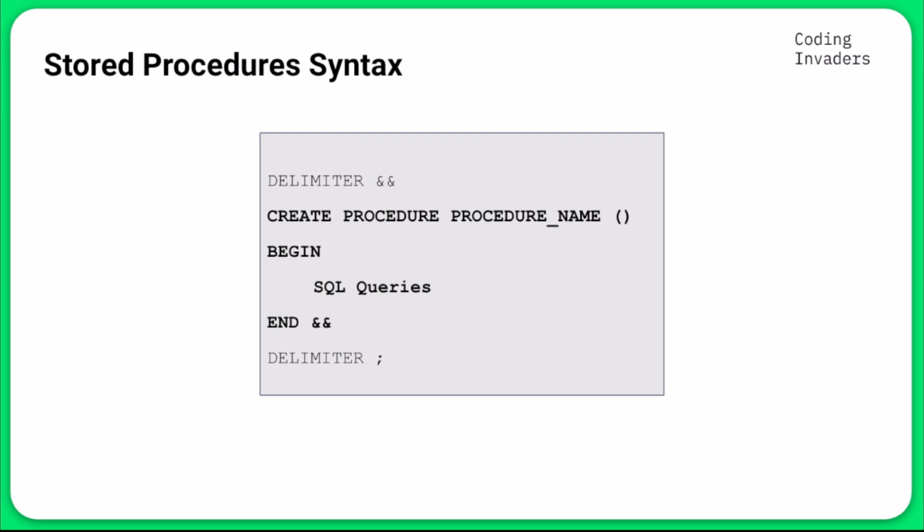To begin the procedure, give the begin keyword. Inside begin, you will give your preferred SQL query and end it with the keyword end and two AND symbols again. And finally, end it with the keyword delimiter with a space and semicolon.